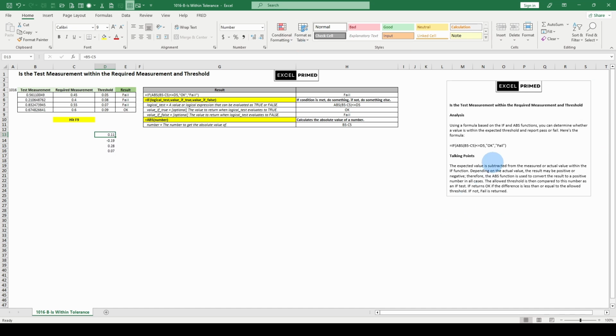You can read up here, but I think my illustration here would probably answer your concerns. If you want to know how to read this: if absolute value B5 minus C5 is less than or equal to D5, that means if this number is less than or equal to, we know now, because this is not absolute value, it could be in our little test here, negative up to negative 0.5 or positive 0.5.